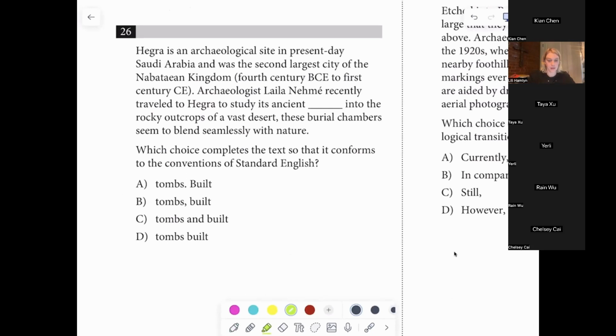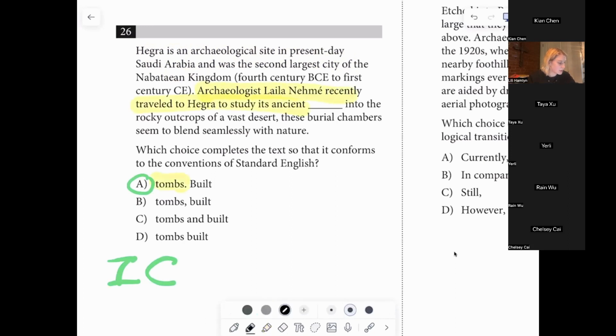Yep, perfect. Again, we want this. This is A. We have the independent clause, which is here. That's this bit. Oh, no, it's not. Sorry. Give me a second. Independent clause. It's ancient tombs.